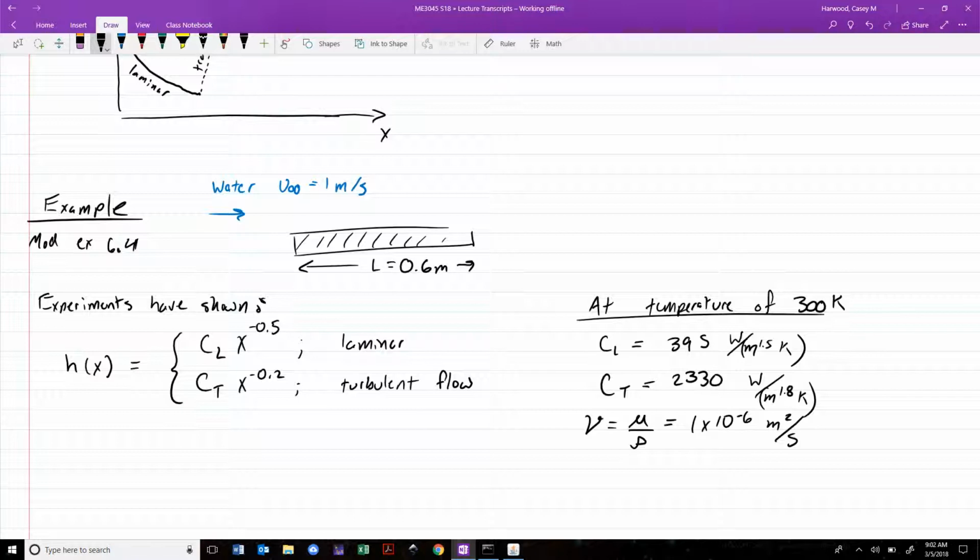Okay, so what we're asked to find is h bar. Not just h. We're given h as a function of x for each of these two regimes, but we're asked to find h bar, the averaged convection coefficient.